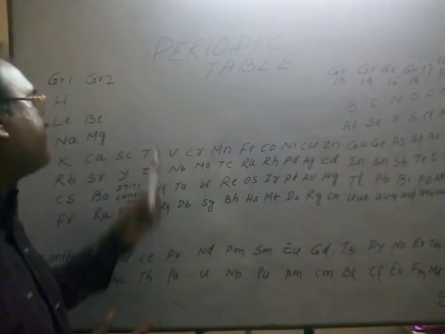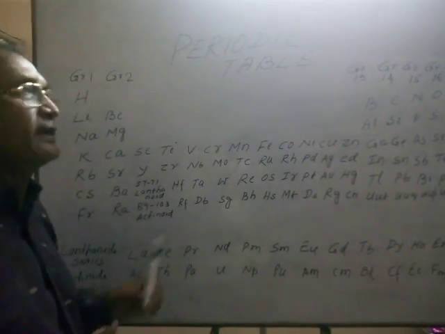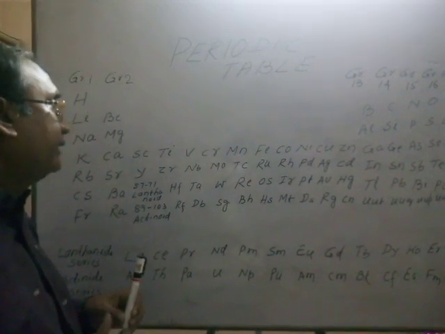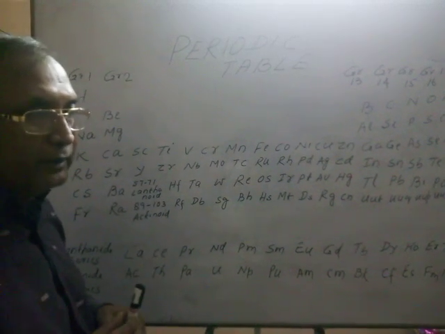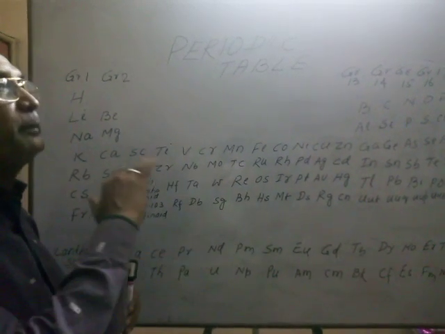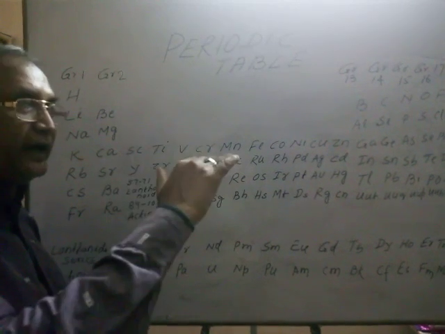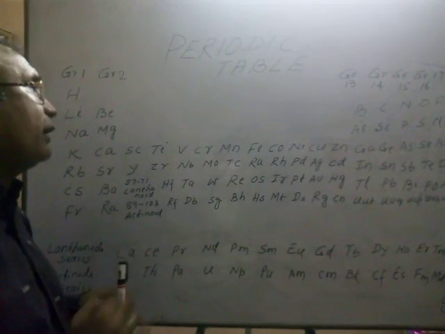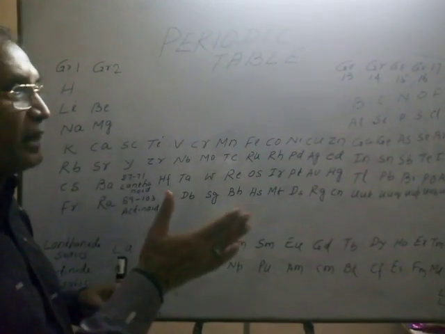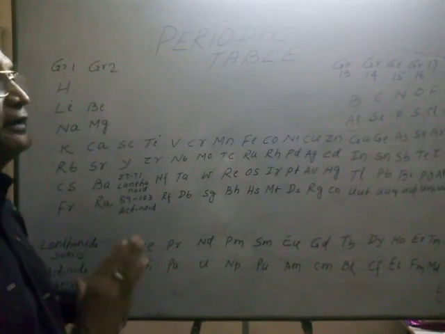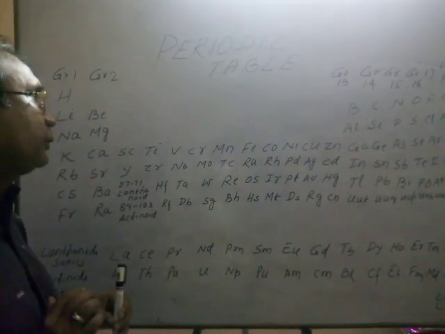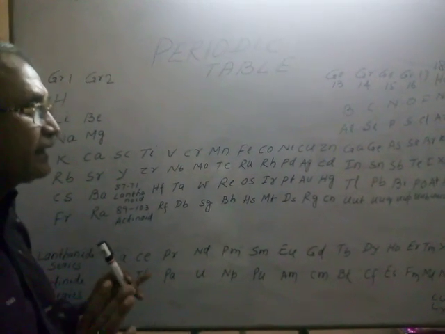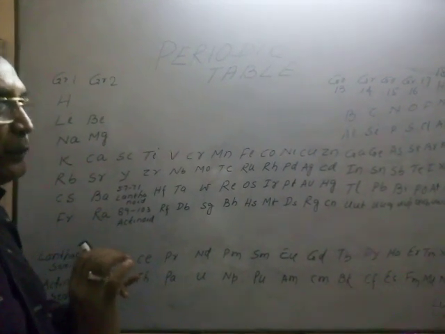For that, if there is any question in the board exam, what is the basis of the modern periodic table, then your answer will be arrangement of elements as per their increasing atomic number, and the second point will be repetition of properties after certain interval. These are the basis of our modern periodic table.